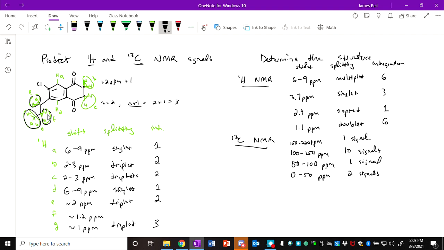It would represent 2 hydrogens, and the splitting pattern here would be either a sextet if all 5 hydrogens were splitting it with the same coupling constant, or it could be a triplet of quartets, or a quartet of triplets. So I might be looking for you to explain each of those different possibilities in your answer if you had a question like this on an exam.